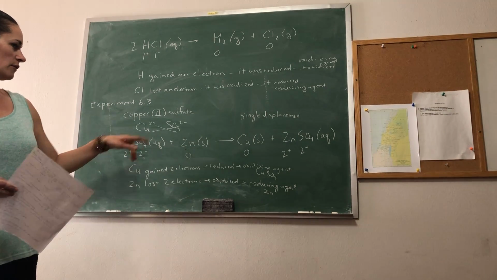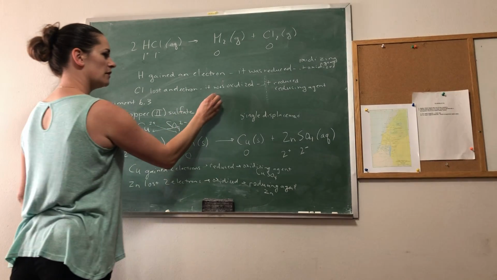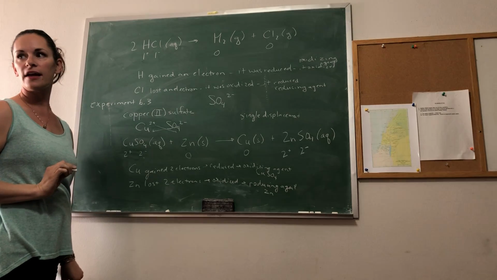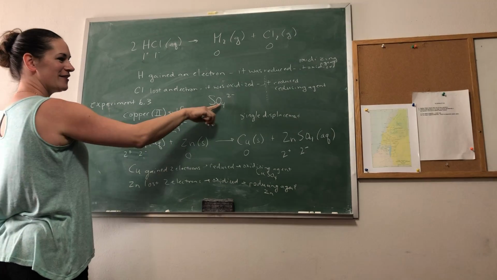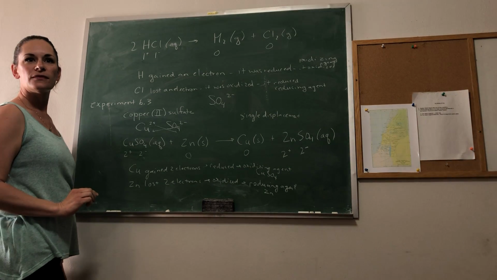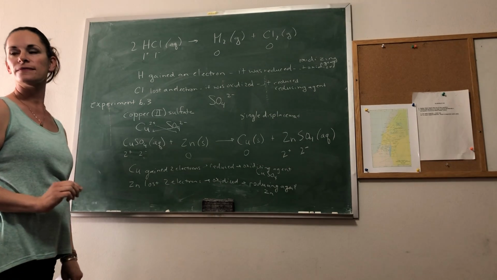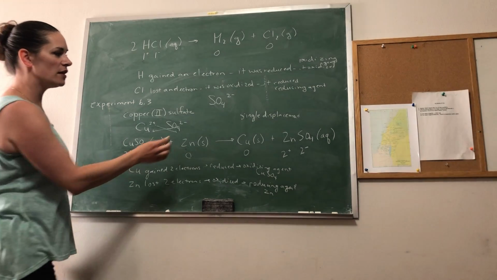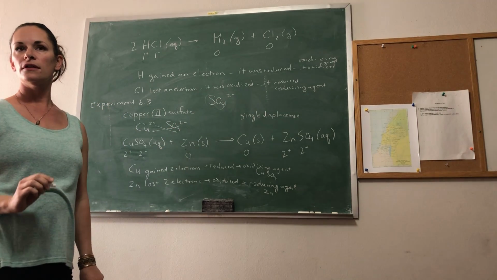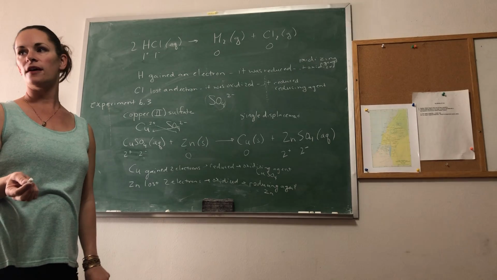Now, just for fun, let's look at the SO4 2 minus polyatomic ion. What are the oxidation states of these 2 atoms? According to our rules, all of this needs to add up to -2. O4 is a -4 charge, right? So oxygen is generally what oxidation state?